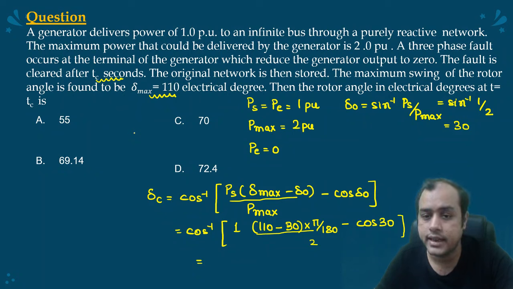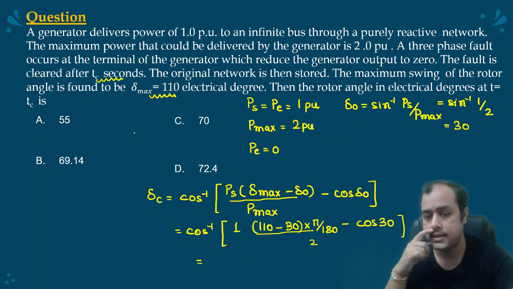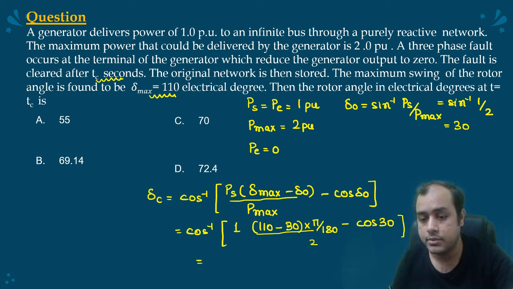But this is a very standard question. I also remember the answer was not this. I think I am committing a mistake. I am making it a smaller value. Minus P max, PS delta max minus delta naught minus P max 2 cos delta naught plus P max 3 cos delta max.